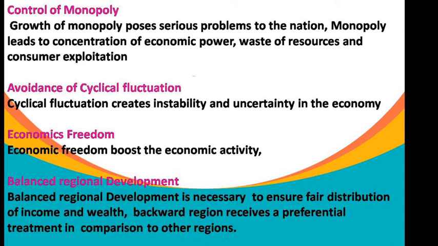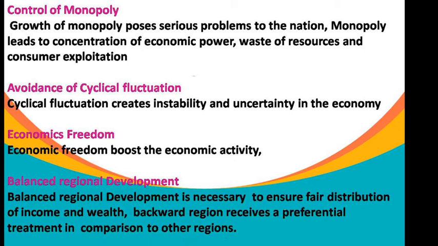Exploitation of consumers by producers is a major evil of monopoly power. This can be prevented by legislation. We can give many examples, such as the monopoly legislation introduced by countries like the US, UK, and so on.